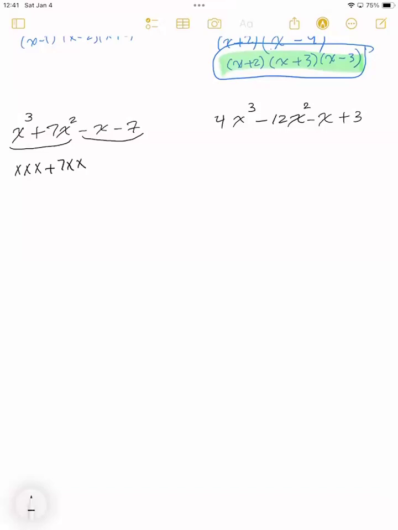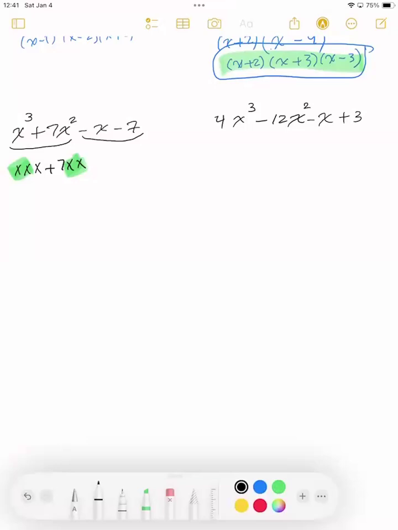By this time, I'm hoping that you have a mastery that you can find the greatest common factor, x to the power 2, and you don't have to go through these steps. But if you need help or further information, I'm just breaking everything into little pieces.